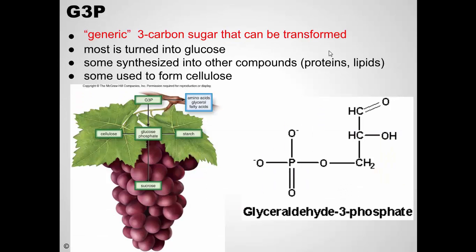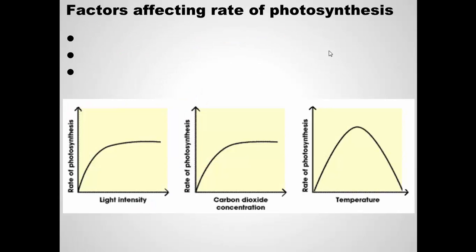So what affects photosynthesis? What factors? Well, probably it's sort of common sense. What kind of factors affect the rate of photosynthesis? Carbon dioxide levels are important. If you don't have enough carbon dioxide, you can't make glucose.